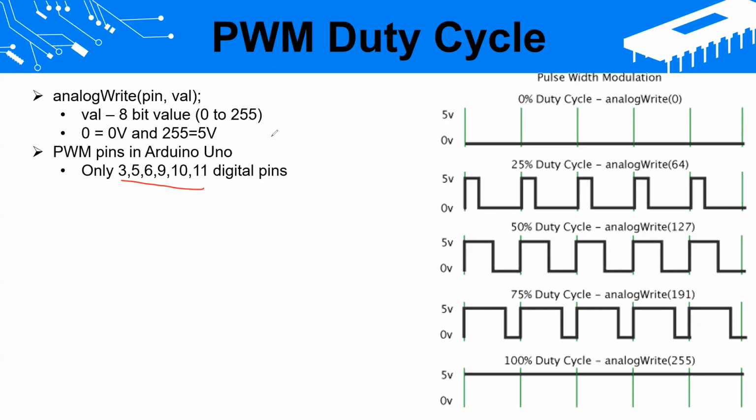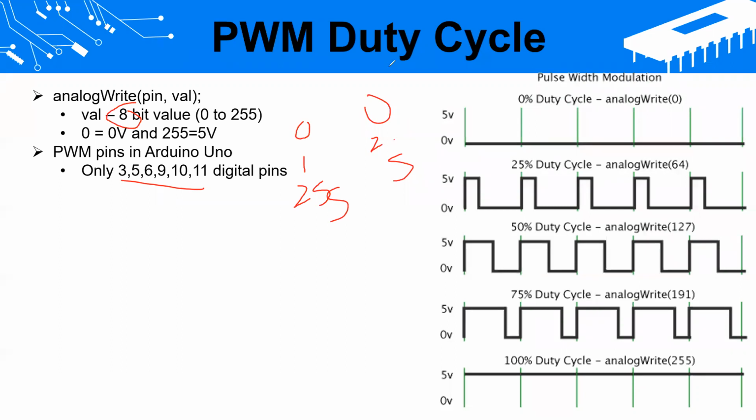Then we have 8-bit PWM converters, so we can write a value from 0 to 255. 2 to the power 8 is 256, so with 0 you have 256 states. This 0 to 255 value is mapped to 5 volts. So if you give something like 127, that is about 2.5 volts.